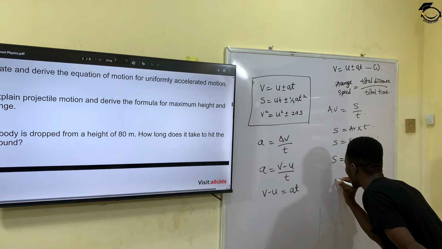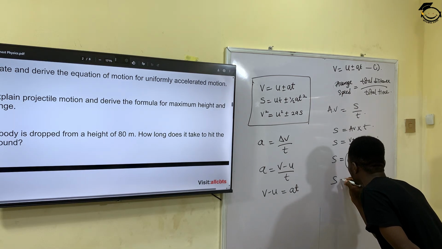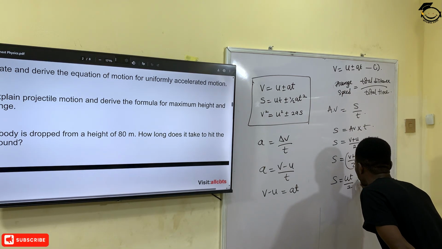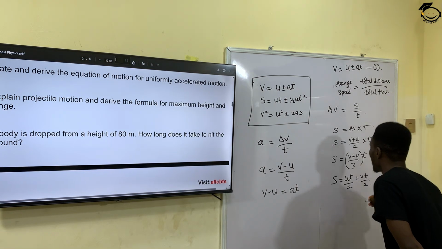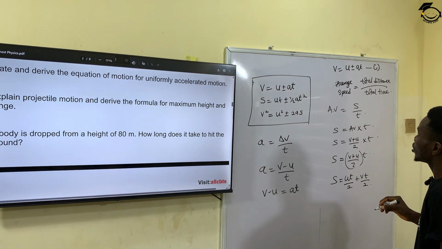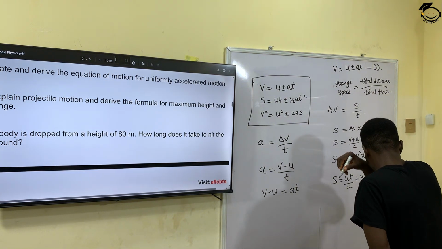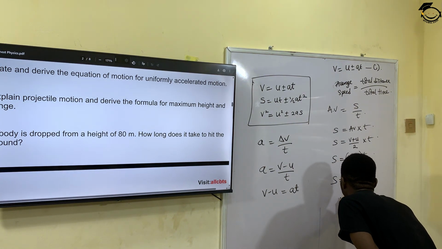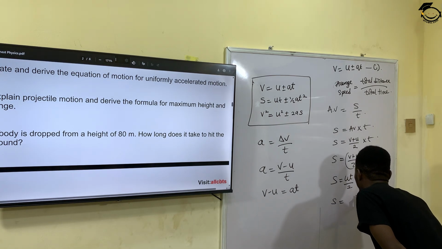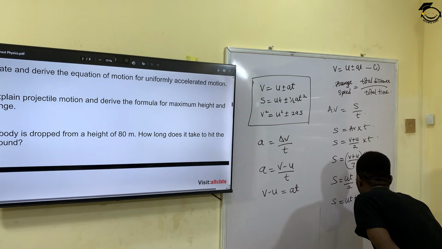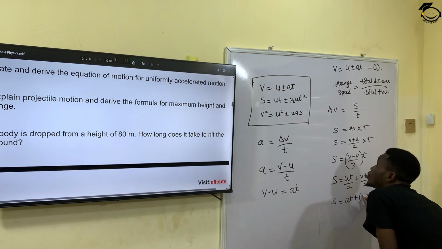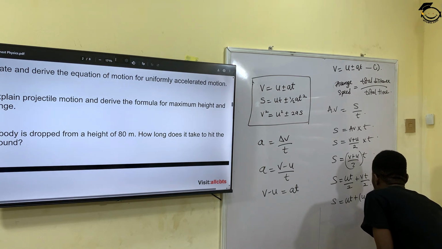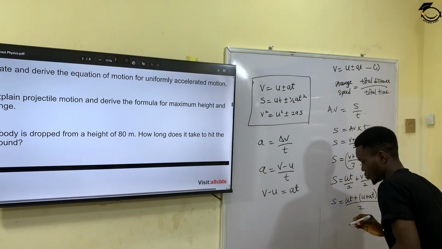So if I open the bracket, this means that I have my distance to be equal to ut divided by 2 plus vt divided by 2. But I already know that my v is what? u plus at. So this is the same thing as saying that my distance is equal to ut plus, my v here will become u plus at in bracket t, all divided by 2.